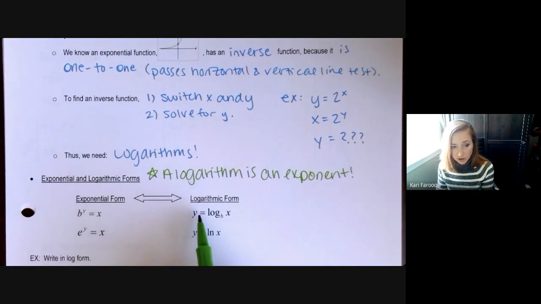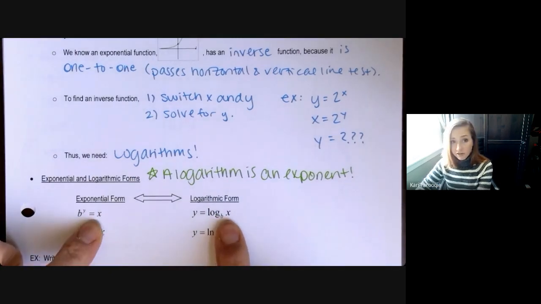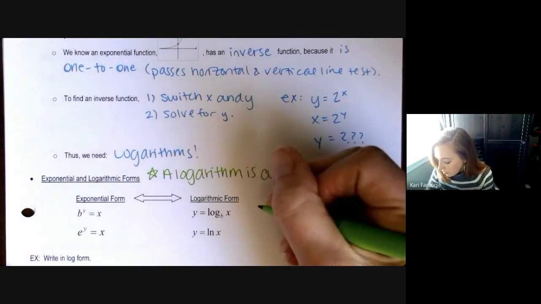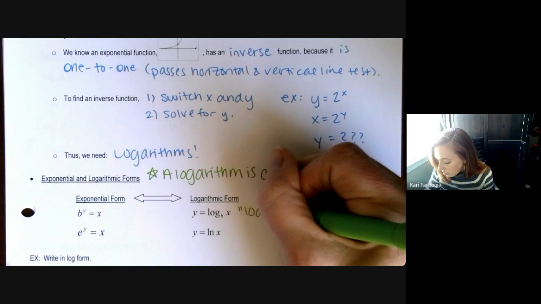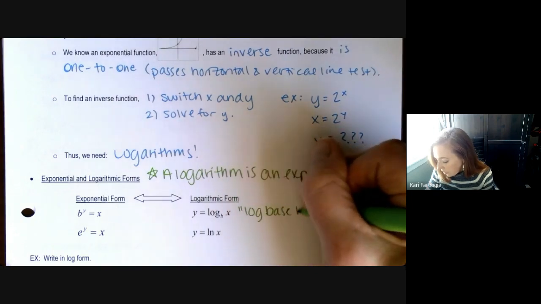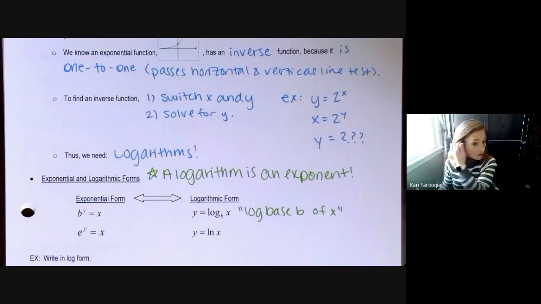You're taking the exponent and you're setting it equal to the logarithm. The base stays the same. And then your x is the argument of the logarithm. So we would say this is y equals log base b of x. That's usually how we would say this, log base b of x.